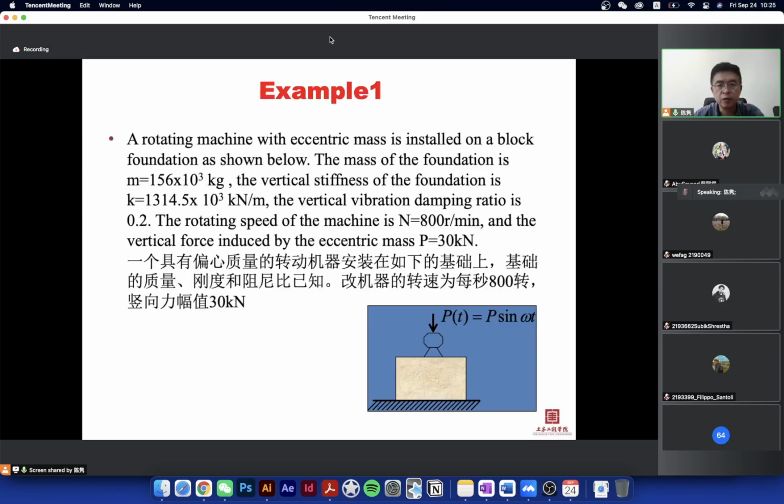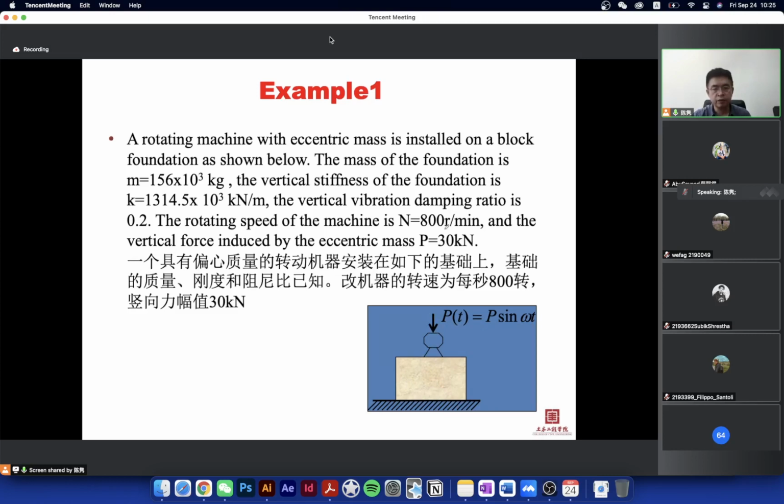So let me show you an example. Then you can understand this more easily. We have a rotating machine with eccentric mass installed on a block foundation, shown below. You can see this is the load, and this is the so-called foundation. The load is applied to this foundation.